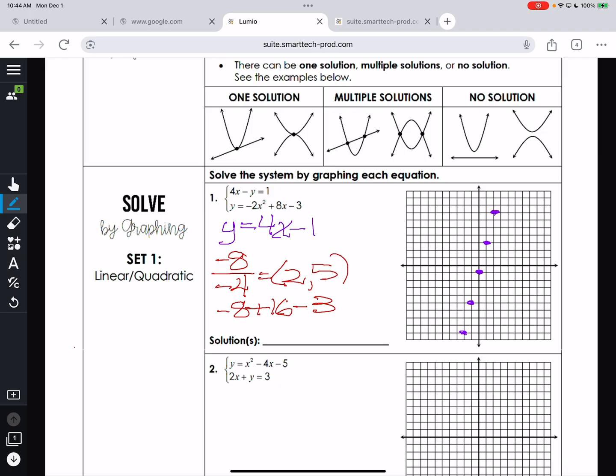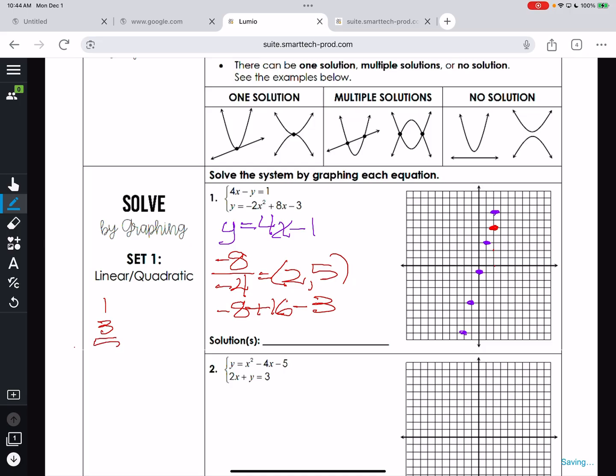So 2, 5. And it's going to be a frowny face. The lead coefficient is 2, so instead of over 1, down 1, we're going to have 1, 3, 5.